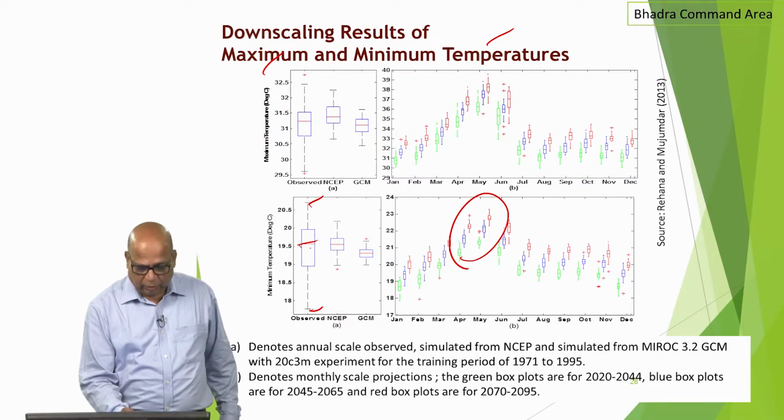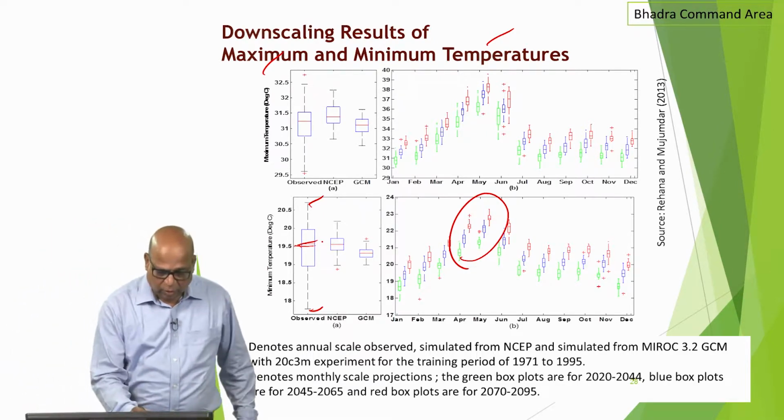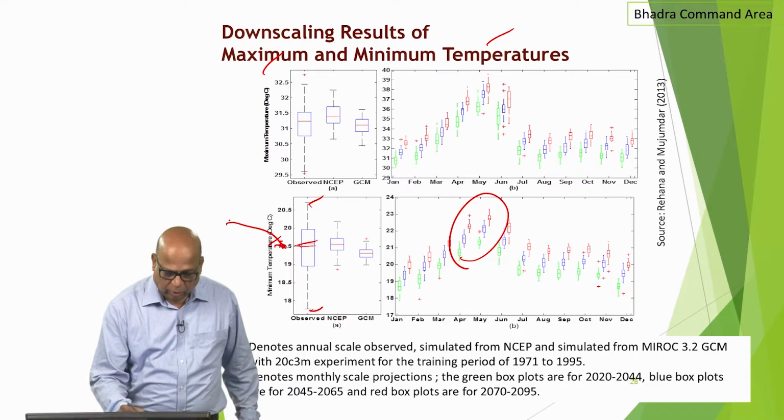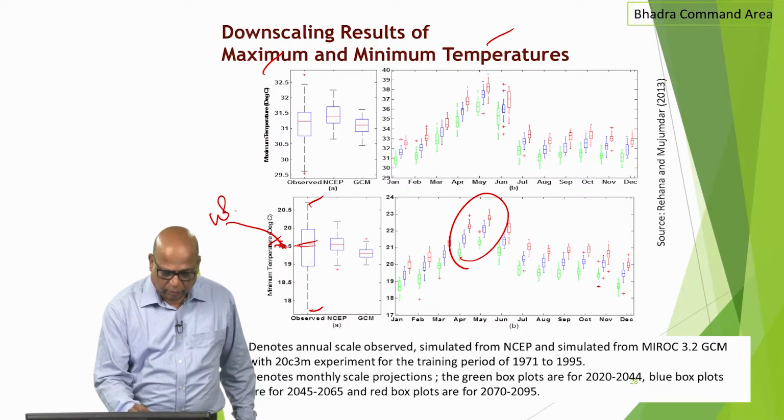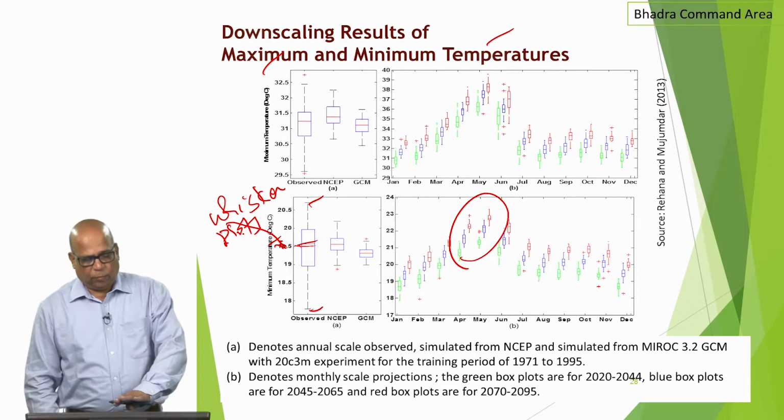This can be either median or mean, etc. You can generate these from the data. These are called whisker plots or box plots. So, you get this kind of picture for all the variables.